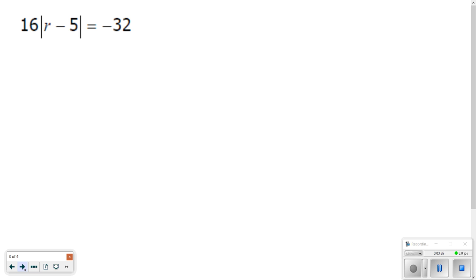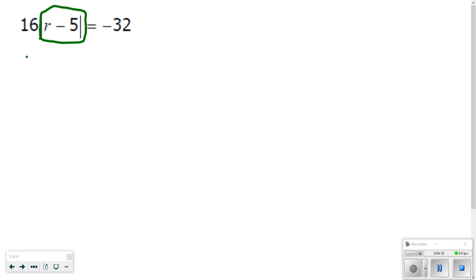So let's look at another example here. Now, again, we need to start by isolating our absolute value expression. That includes the absolute value bars and everything inside of it, but it's not going to include that 16. So it's multiplying the absolute value expression. Let's just divide by 16 to get rid of it.